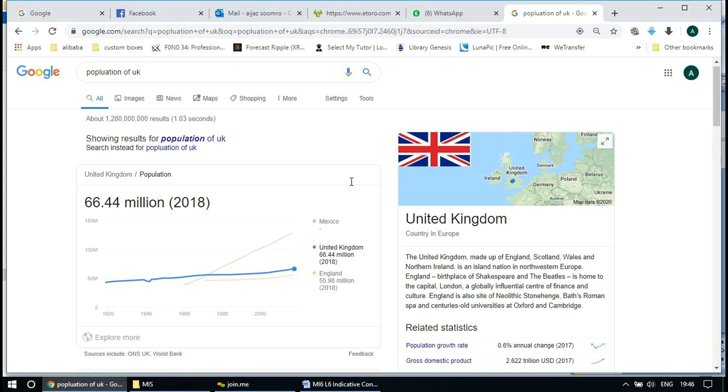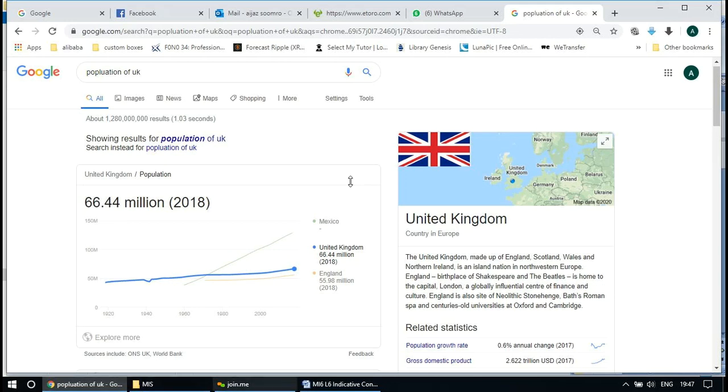So that's the ideology and the concept behind it, and it's good that we revise these concepts. Obviously we will go through the data analytics unit, but it's good to have the information.